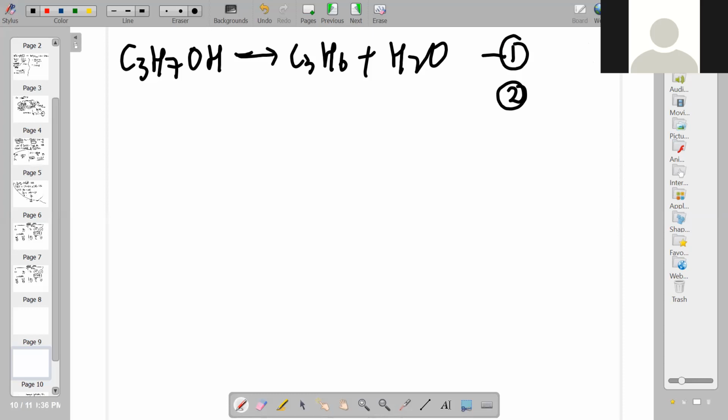Okay, so number 2, teacher wants to find number of moles. Already mentioned just now, number of moles. And I know that my propanol is 15 gram. So you all told teacher just now I can find mass over molar mass. Okay, class, you tell me, what is my mass here?